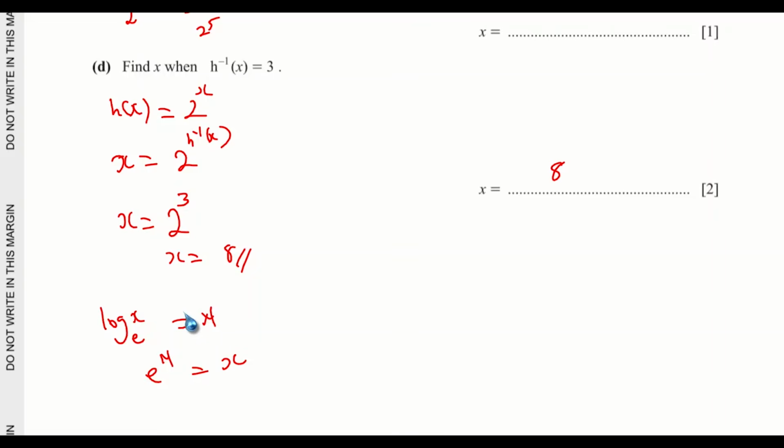So they are inverse of one another. In this case, this one is exponential form now. It's an exponential function. So that is how you can transit from a logarithmic function to an exponential function.